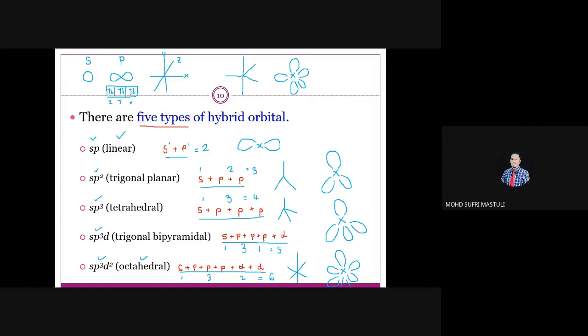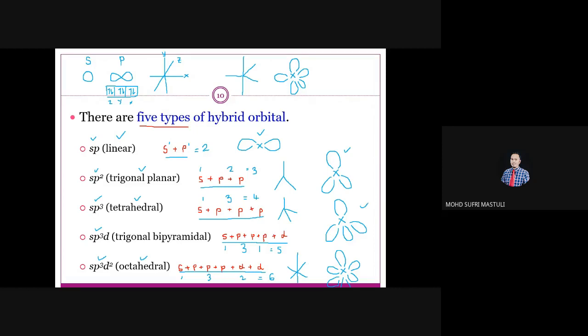The shape depends on the electron domain. If the electron domain is 2, it is linear, so the linear is like this. If the electron domain is 3, it is trigonal planar, so the shape is like this. If the electron domain is 4, it is tetrahedral, so the geometry is like this.